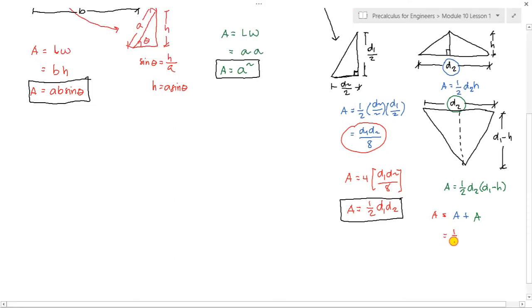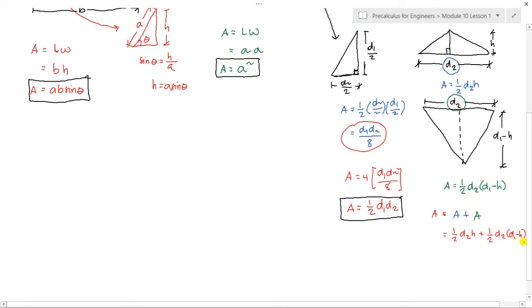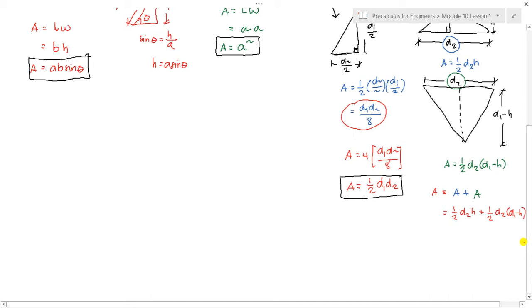We have 1/2 D2H plus 1/2 D2 times D1 minus H. Okay, so since here common man si 1/2, we can factor them out. So that is 1/2 dito. Then what's left sa first term is H. On the second term, that is plus D1 minus H. So here, H minus H, 0, di ba?